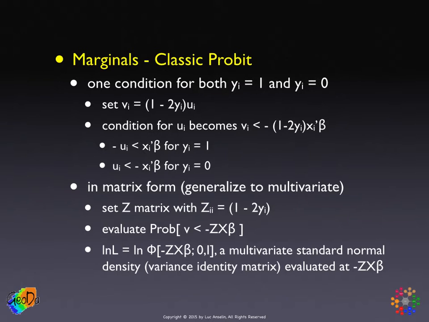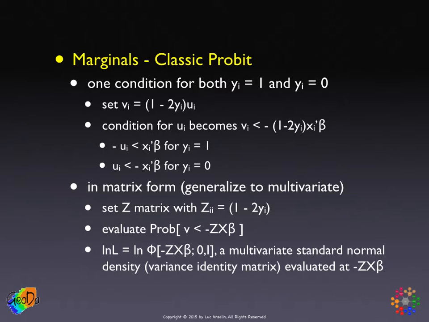And so again, this is going to be less than x beta for y equal 1 and less than negative x beta for y equals 0. So these are the standard conditions.